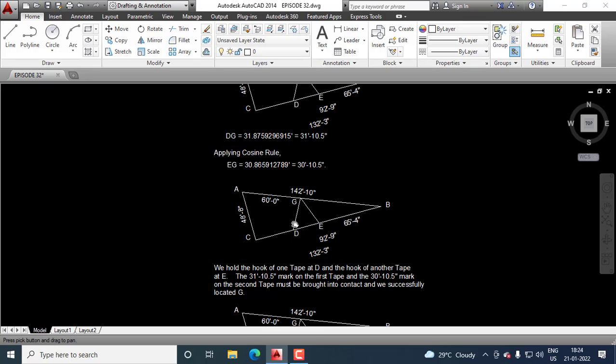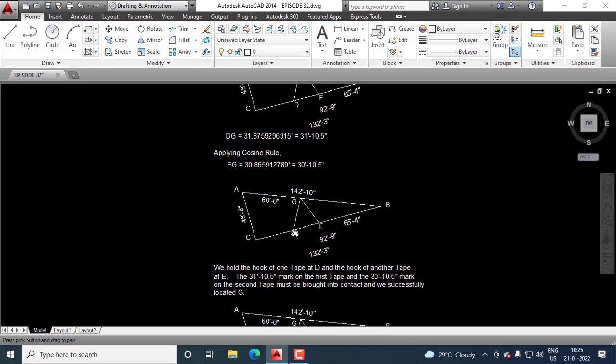Now we know this length, we know this length, we know this point, we know this point. We measure 31 feet 10.5 inches from here and 30 feet 10.5 inches from here.